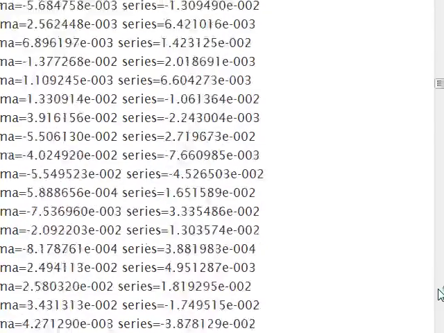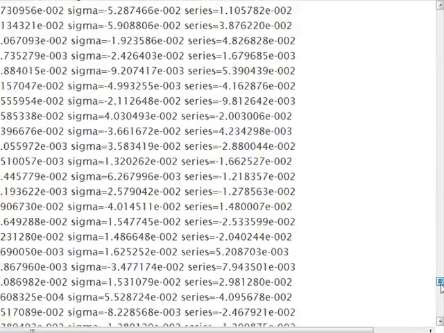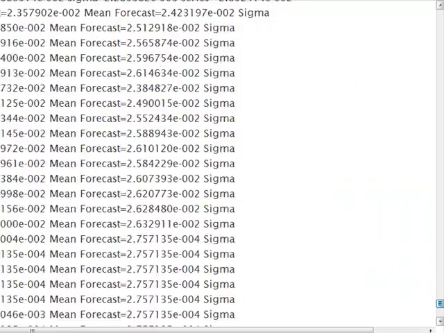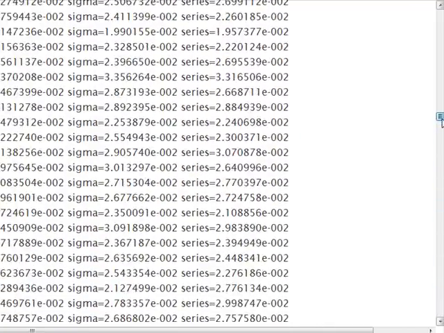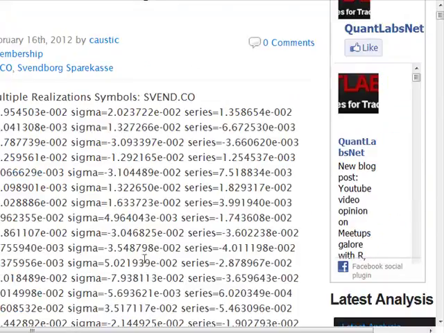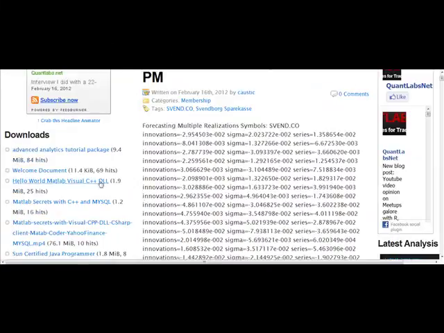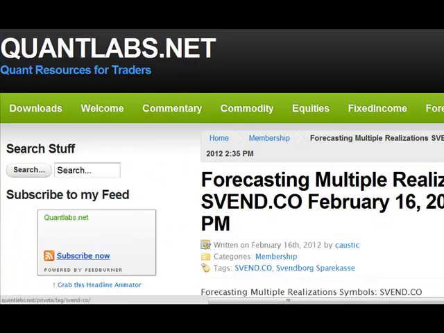In this case, we have another graph for forecasting multiple realizations. Again, these are the data points that can be used. I'm probably going to need to make some improvements on this data so that people can download it and drop it into their own platforms or analytical tools.